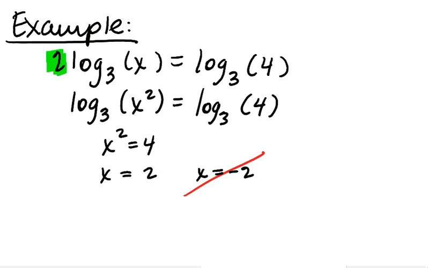And there isn't any exponent I can put on 3 to get negative 2. There isn't any exponent I can put on 3 and get anything besides a positive number. That's why the log of 0 is undefined, why the log of negative 1 is undefined. Because I'm taking a positive number to various powers, and none of those powers are going to result in that positive number becoming negative.